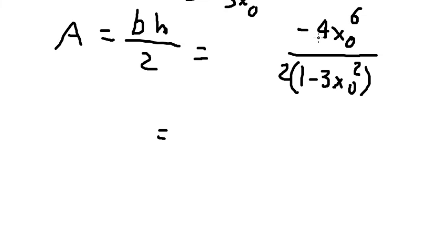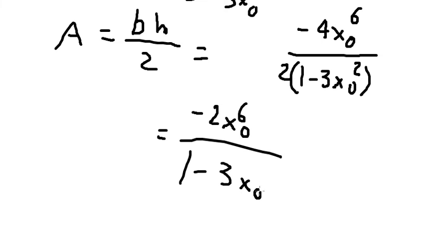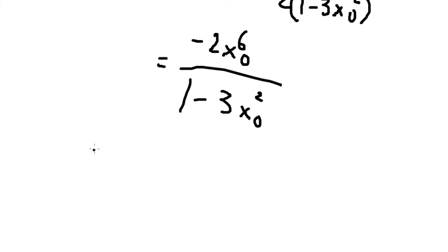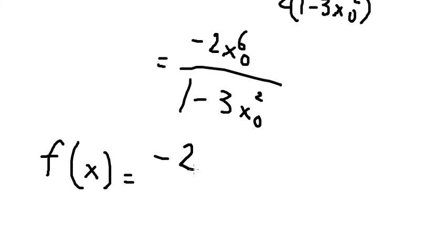Negative number 4 divided by number 2, we have negative number 2. And now I will consider the function f of s equals negative number 2s to the power of 6 over 1 minus 3s squared.